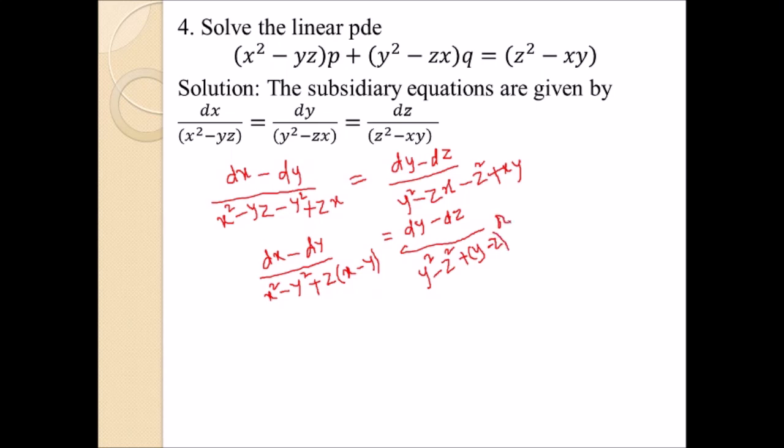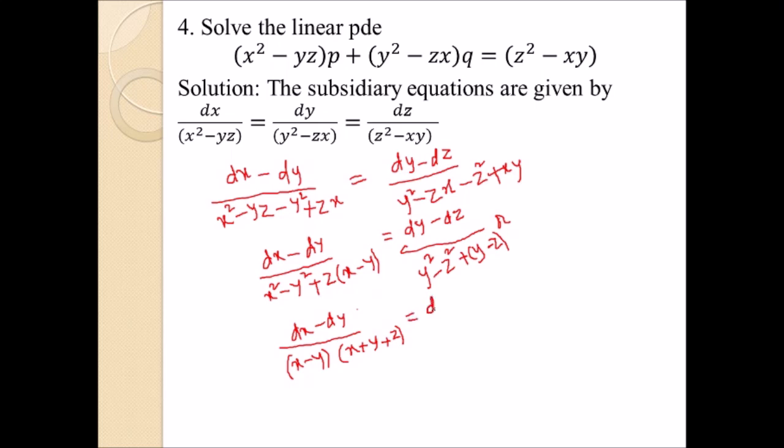Or I can write this as dx minus dy by x minus y common in the denominator, so we get x plus y from the first term and plus z from the second term.